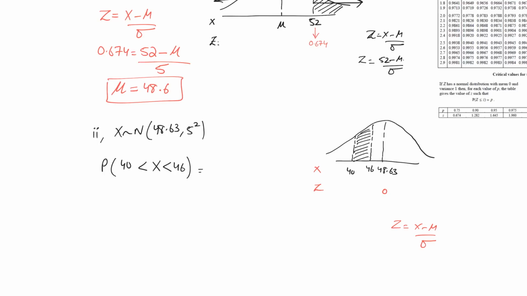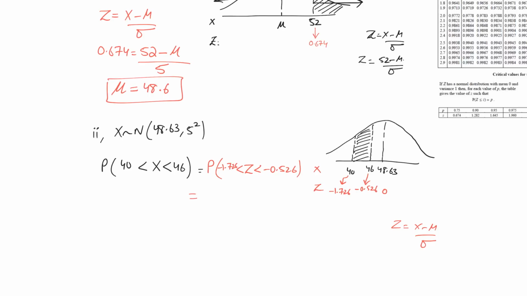I'll just write down the value. It's negative 0.526 and it makes sense because it's a value less than mu, so the z value would be negative. So this is for this, and the z value for 40 would be minus 1.726. So finding the probability of x greater than 40 and less than 46 is the same as finding the probability of z greater than minus 1.726 and less than negative 0.526.